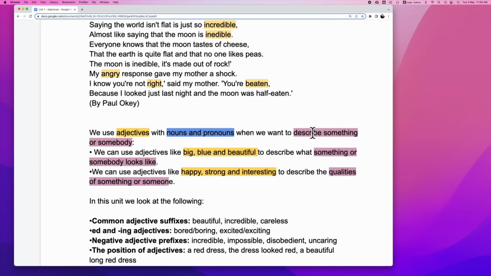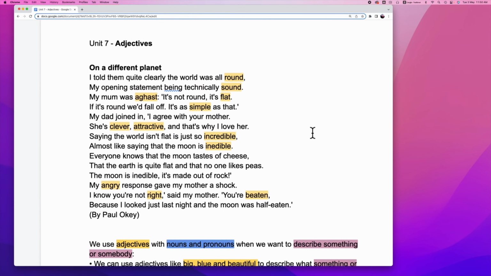Okay, then let's take a look at the poem at the very beginning of the chapter. Let's see how many adjectives we can find. I highlighted them all in yellow. The title of the poem is On a Different Planet. I told them quite clearly the world was all round.